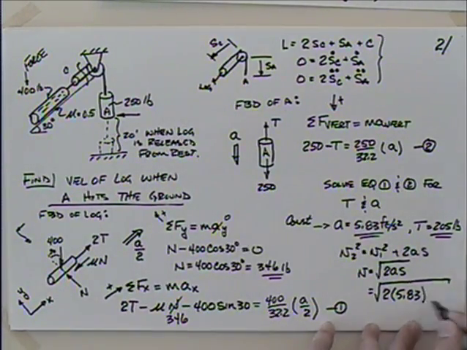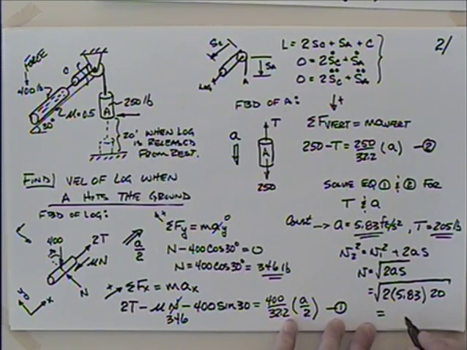Okay, so I got the acceleration there. And then the distance, how far is it going to drop? 20. So when you go through that, the velocity here is 15.3 feet per second.